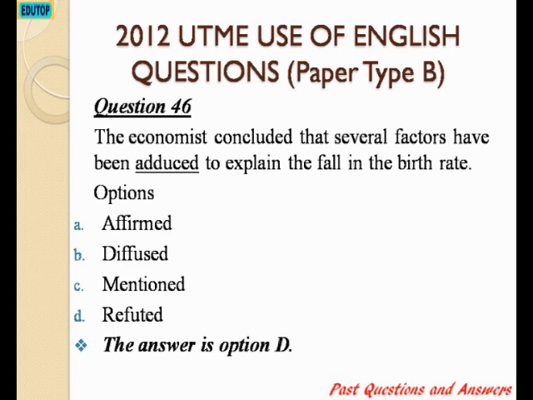Option A, affirmed. Option B, diffused. C, mentioned. And D, refuted. Mentioned and affirmed are synonymous to adduced, while diffused means spread out over a large space. Then refuted is the answer, because refuted has to do with proving that something is not true. So we have option D as a final answer.